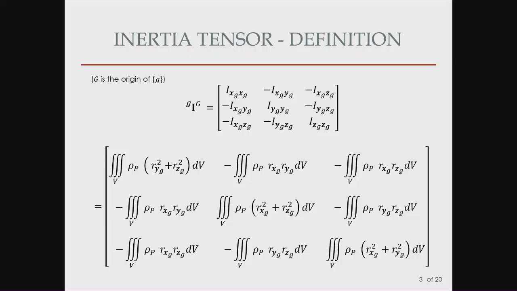This is the definition of the inertia tensor about the center of mass. I need to pick some coordinate system in which I will define these r xg, r yg, r zg. If I pick a different coordinate system, I would get different values here.